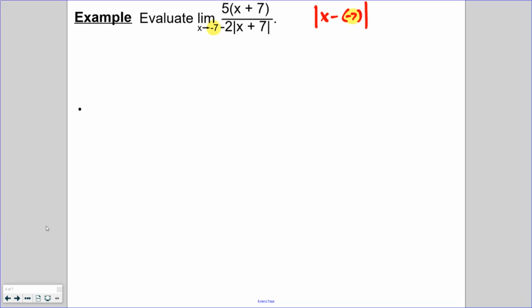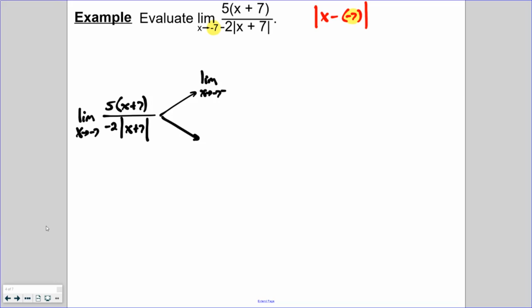So we're going to have the limit as x approaches negative 7 of 5 times x plus 7 over negative 2 times the absolute value of x plus 7. And I can break this apart into its two one-sided limits, the limit as x approaches negative 7 from the left, and the limit as x approaches negative 7 from the right. Now remember, when we're approaching from the left-hand side, we want the negative piece of the absolute value.